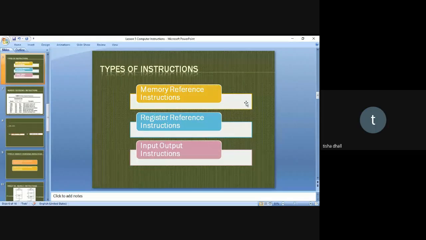Anybody to whom this is not clear? Excuse me, ma'am. Ma'am, can we get the address of the effective address at a third or fourth step? See, in the computers nowadays, you may have an address of a pointer again. So that will add another level of indirection. In that case, you can get it, but for your syllabus or the basic computer that we are concerned with, this book, this is outside the scope.